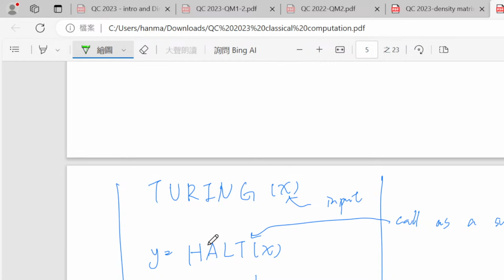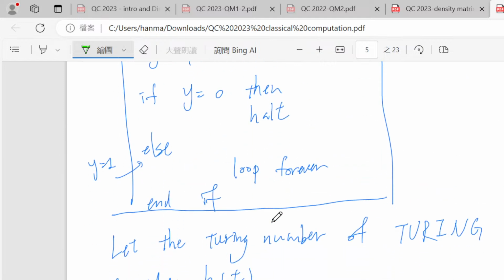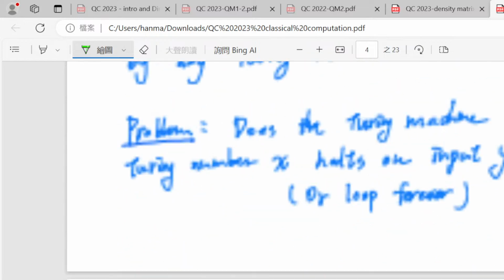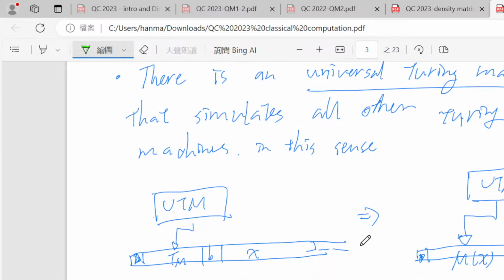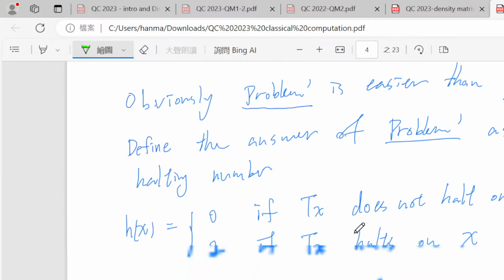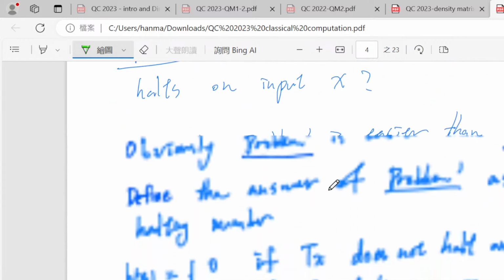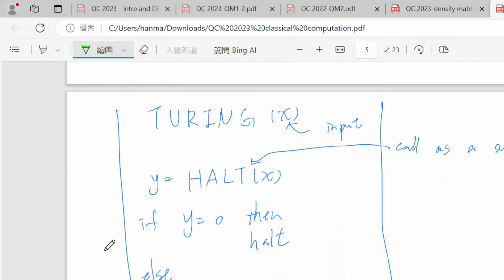I guess here we cheat a little while writing this in pseudocode, because we have been talking about Turing machines in terms of heads and tapes. But basically we argue here that the Turing machine can simulate a reasonable computational model, so it can also be written as pseudocode. Anyway, we are trying to say there is no reasonable pseudocode that can solve the halting problem.